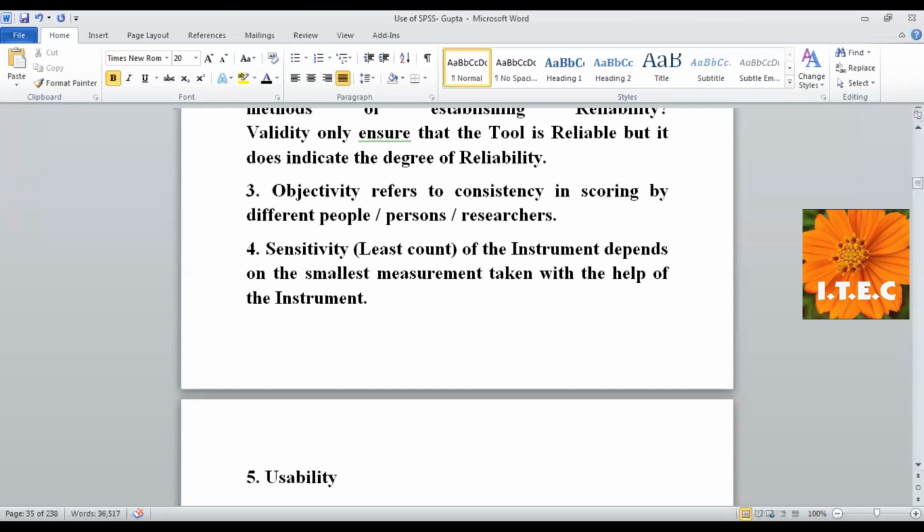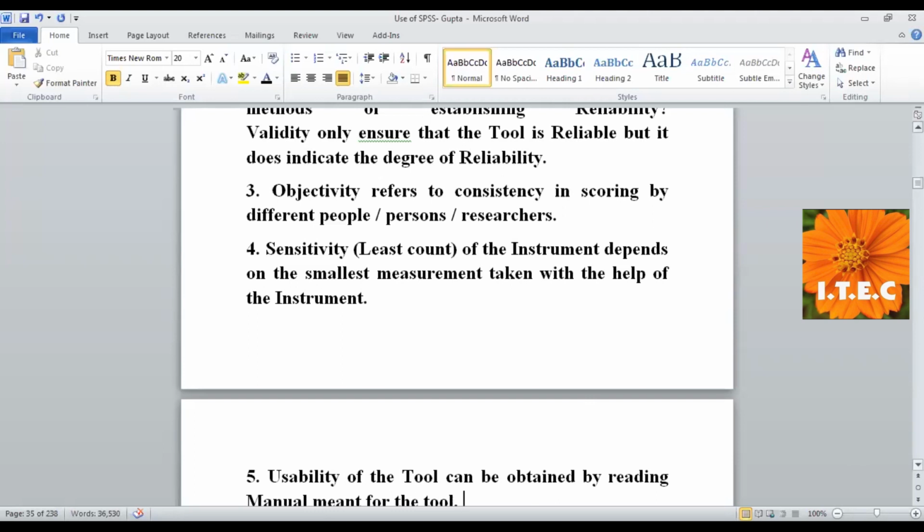So the usability of the tool can be obtained by reading the manual meant for the tool.